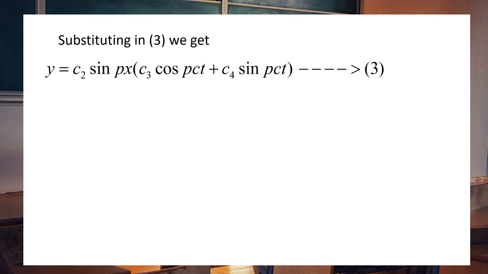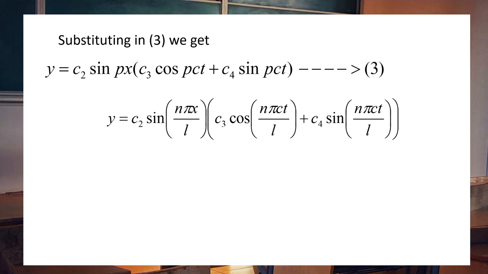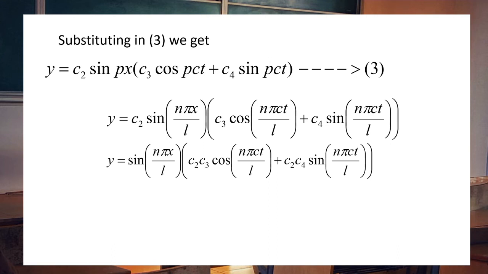Substituting this in our equation number 3, y equal to c2 sin px [c3 cos pct plus c4 sin pct]. Substituting p equal to n pi by L, we get y equal to c2 sin n pi x by L [c3 cos n pi ct by L plus c4 sin n pi ct by L].